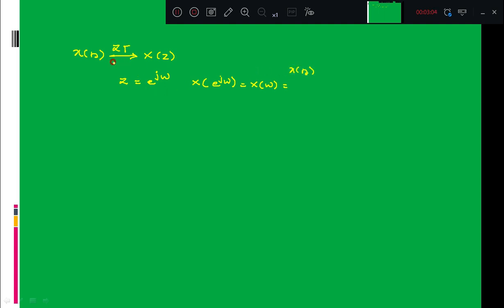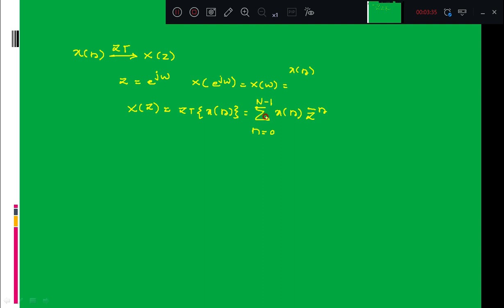Then the mathematical definition of the Z transform is given by X of z, which is the Z transform of x of n, that is, summation n equal to 0 to N minus 1 of x of n into z raised to minus n. This mathematical equation you all know, right?